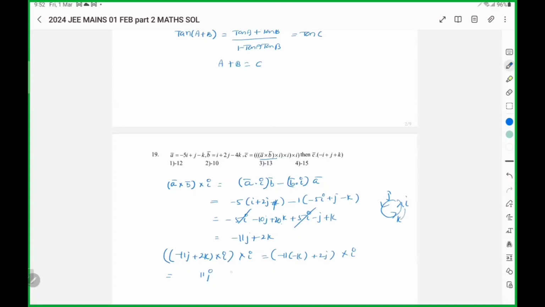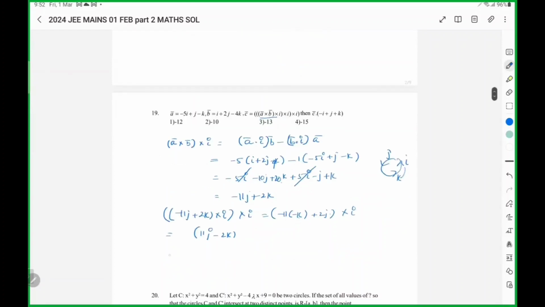J cross i is minus k. This result we have to make dot product with 11j minus 2k dot minus i plus j plus k. 0, 11, it is 21k.